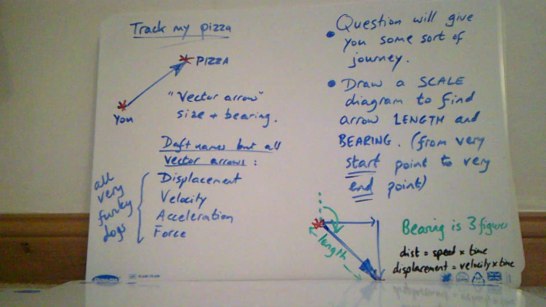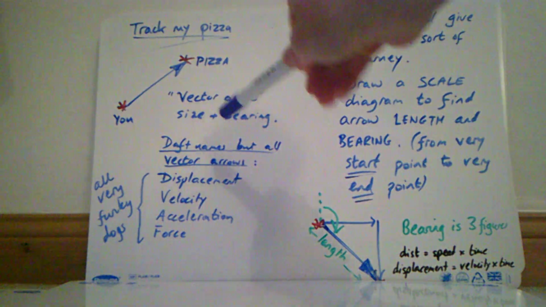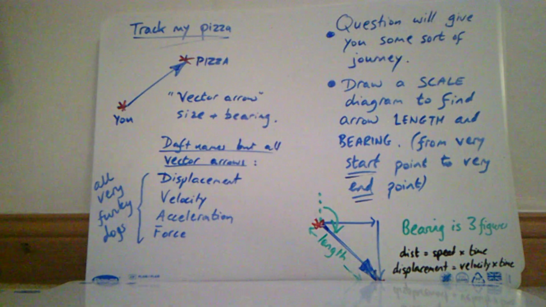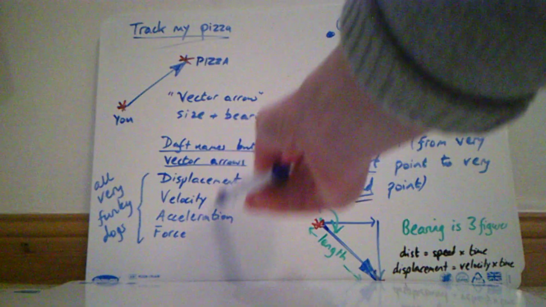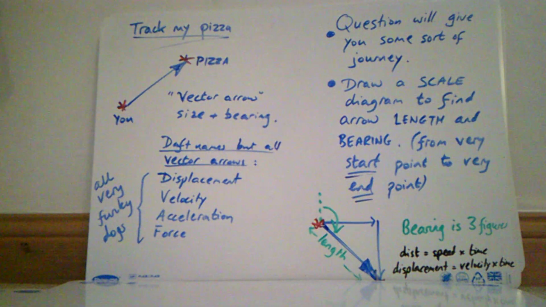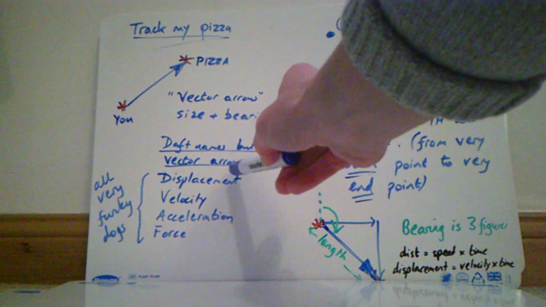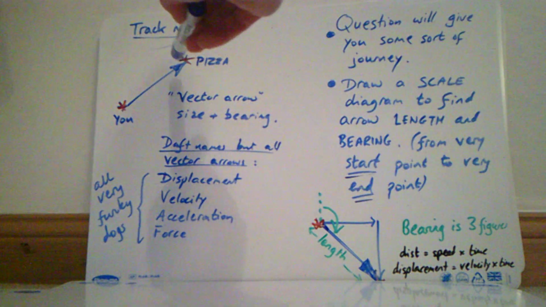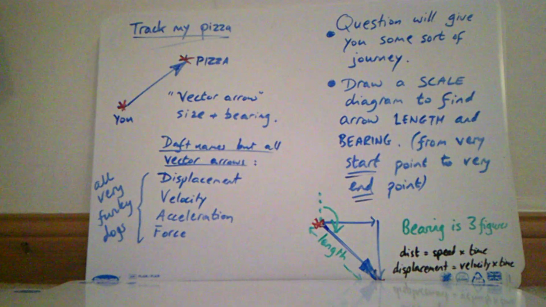Vector arrows often have daft names, for example displacement, velocity, acceleration and force. Well, displacement and velocity sound a bit daft, but these are the quantities which get represented by arrows, and in a sense it doesn't really matter what you're talking about. You find the length and bearing of that arrow in the same way.